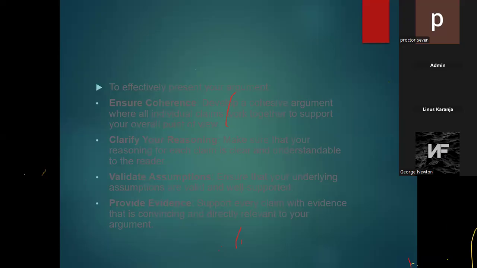Validate assumptions. Ensure that your underlying assumptions are valid and well supported. If you assume that there is life on other planets, then you must validate your assumption. This is not imaginative writing. You must give evidence about what you are saying. Provide evidence to support every claim you make.